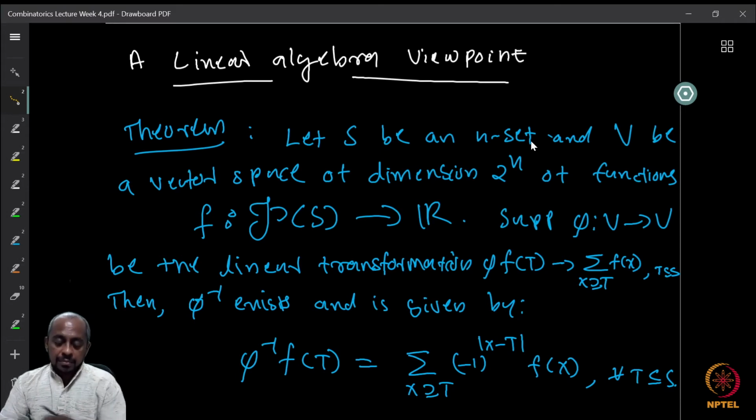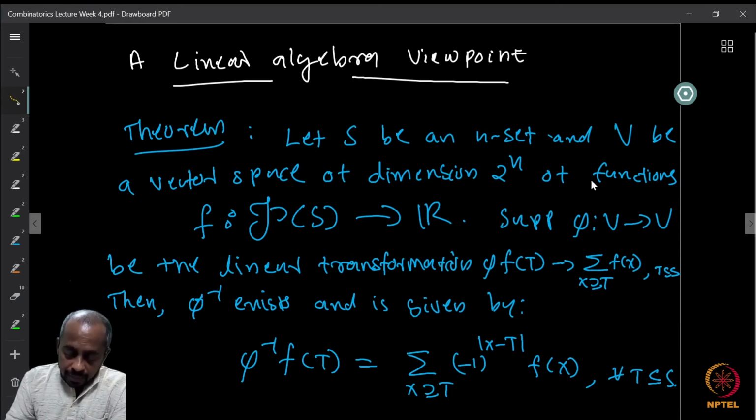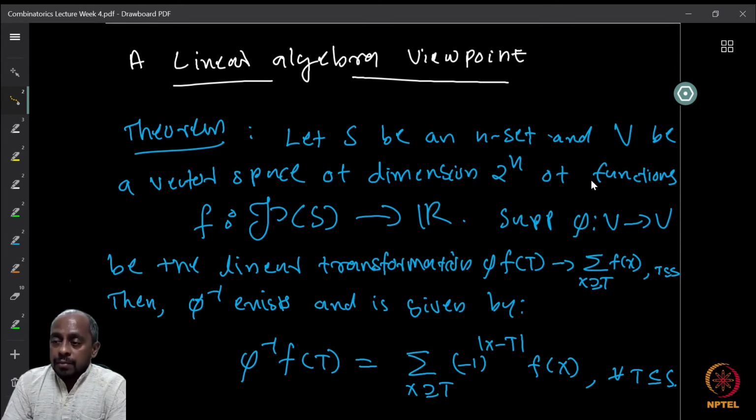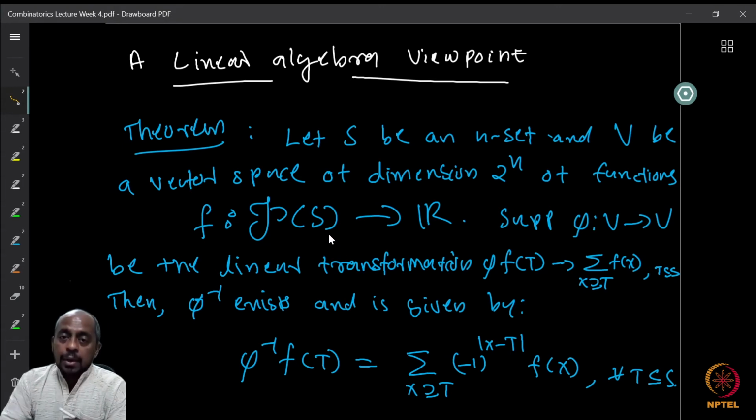So here is the theorem. Let S be an n element set, and V be a vector space of dimension 2 raised to n of functions that map the elements of the power set of S to R. If S has n elements, then the power set of S has 2 raised to n elements. Basically, it's a real valued vector space over the power set.